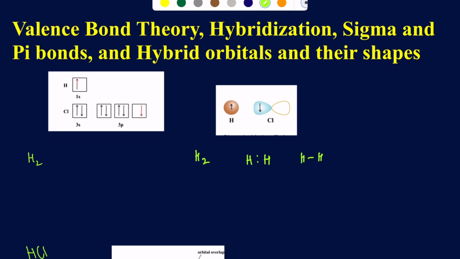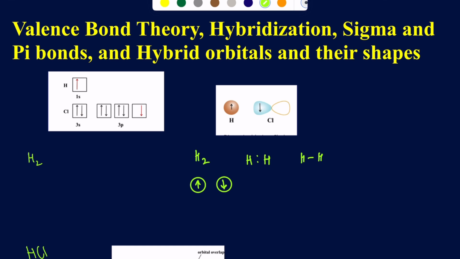So how do we get that explanation? Valence bond theory does a really good job of explaining how the bond is really made. We have a 1s orbital with one electron from one of the hydrogen atoms, and I'm going to have another s orbital with an opposite spin.